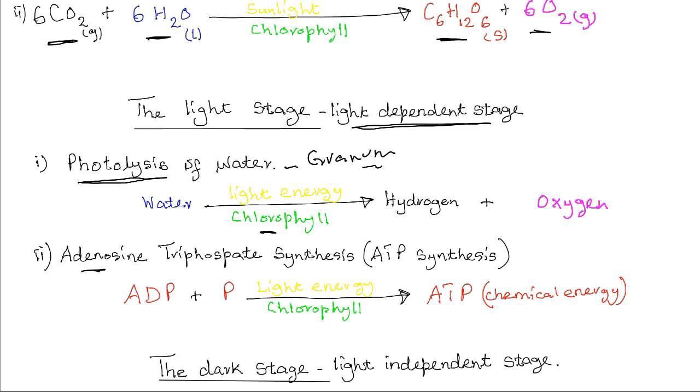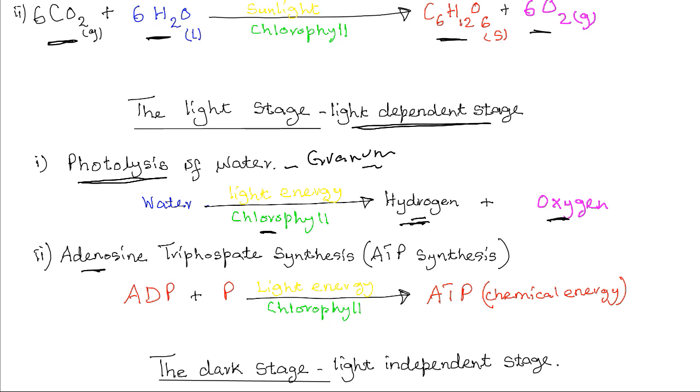Chemical energy is stored within ATP molecules. So when the energy is required, the ATP molecule will be broken down to its constituent adenosine diphosphate and phosphate, and the energy released in the process is used to drive a number of biochemical reactions in the cell.